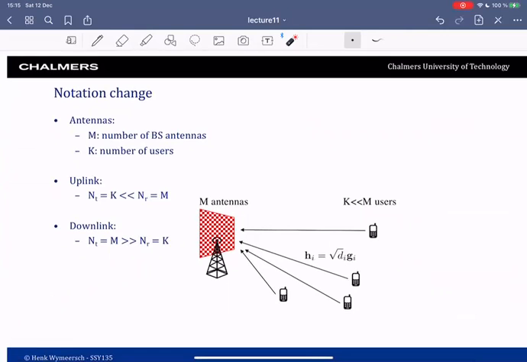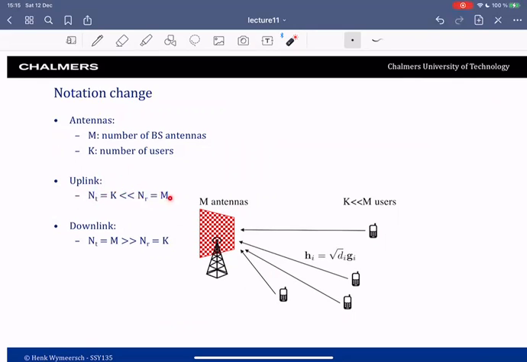Now, to make things a bit more difficult, I changed the notation. So I will use by M the number of base station antennas and by K the number of users. But we still use the number of transmit and receive antennas, so NT and NR. In the uplink, when you go from users transmitting to the base station receiving, the total number of transmit antennas is equal to the number of users.